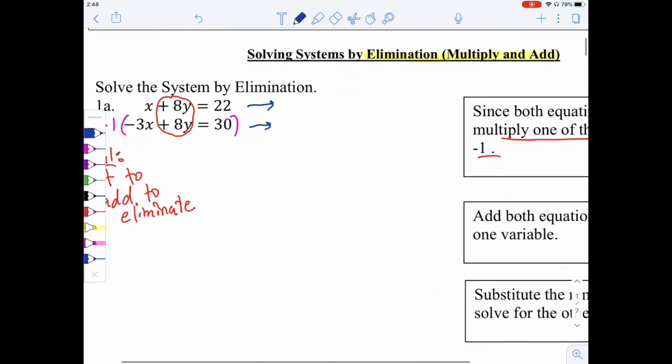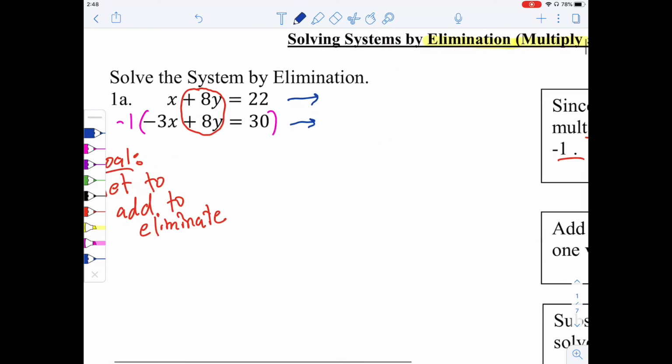We bring our two equations over. The top one, we did nothing to it. We just bring it over. The second one, we multiply by -1. So we're going to distribute our -1 to everything in the equation.